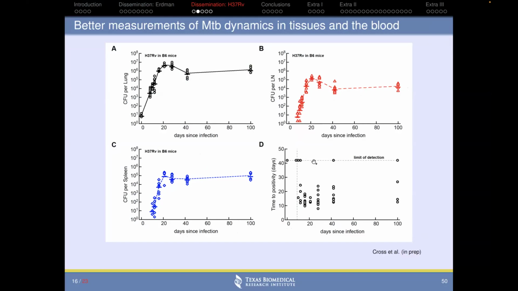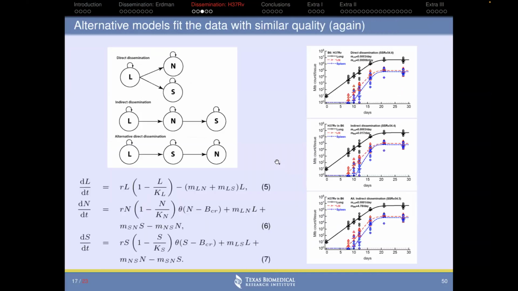If it becomes positive before 40 plus days, it means that there were bacteria deposited. So we can measure not how many bacteria, but time to positivity from the blood sample. I'm not going to use that data here though.